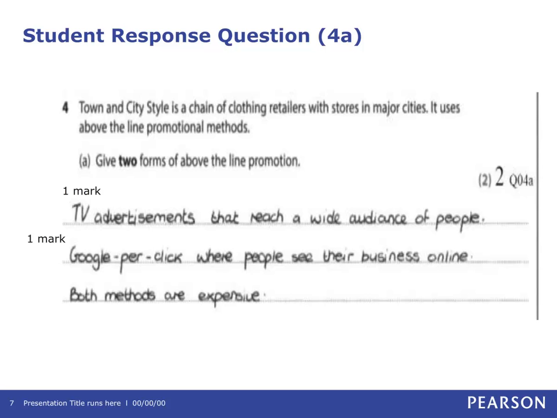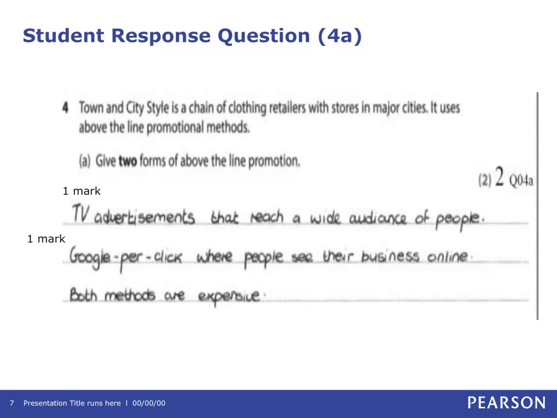Question 4A is worth 2 marks. Performance on this question was good, with many students able to give 2 forms of above-the-line promotion. Most students were able to state 1 correct method. Incorrect responses included sponsorship and sales promotions.